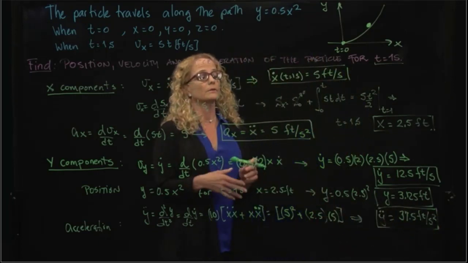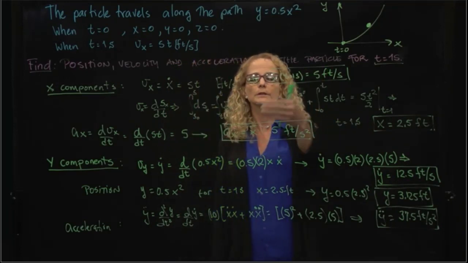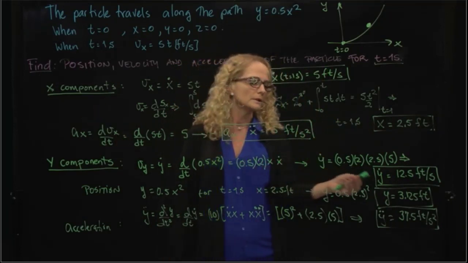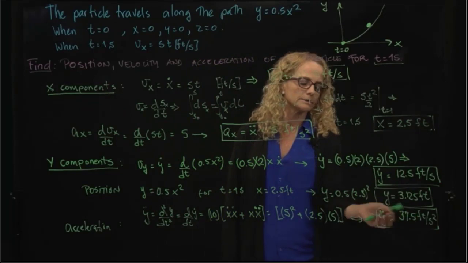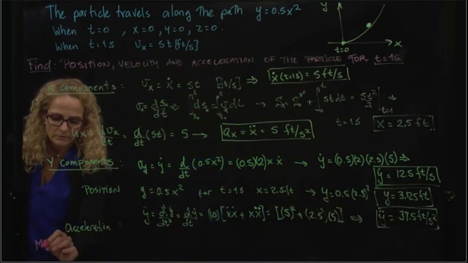So we have our three values for the position, velocity, and acceleration in the x component, and the position, velocity, and acceleration in the y component. Let me find the magnitudes.